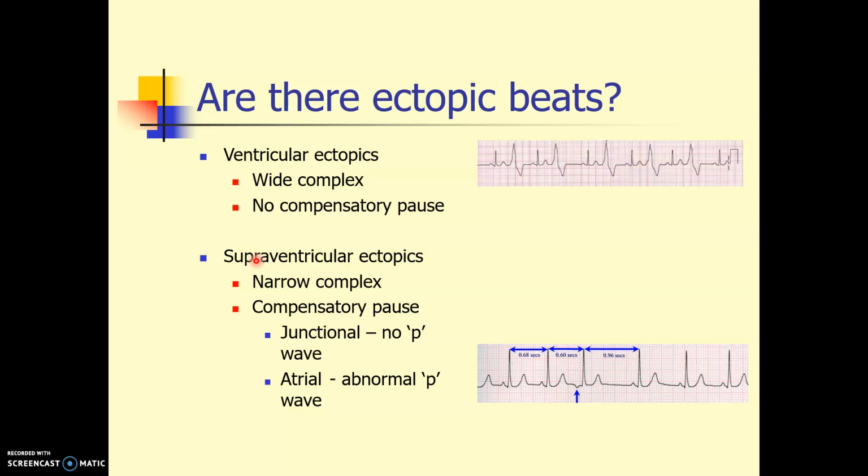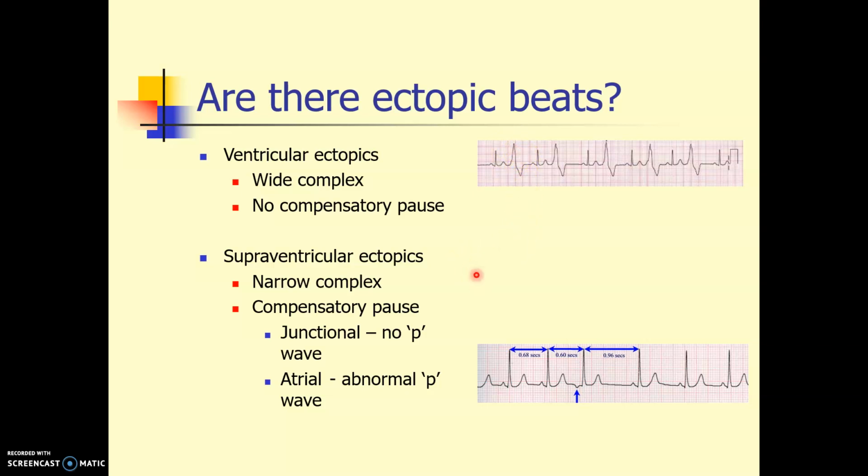Critically, because these ectopic beats don't interfere with the firing of the SA node, there is no compensatory pause between the ectopic beat and the subsequent normal beat. So the interval between this beat and this beat will be twice the normal heart rate, and that's because somewhere here there's a beat that is swallowed up by this ectopic.